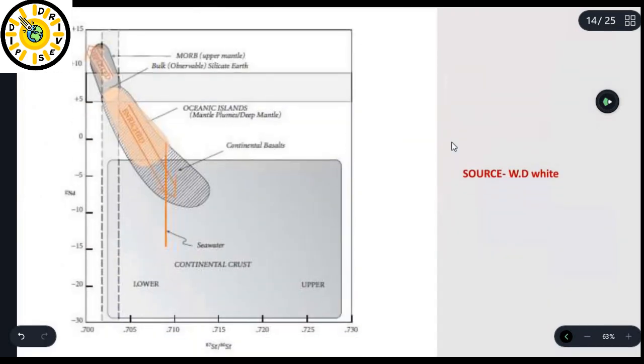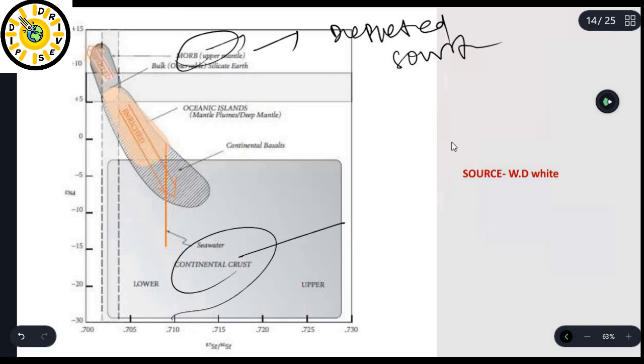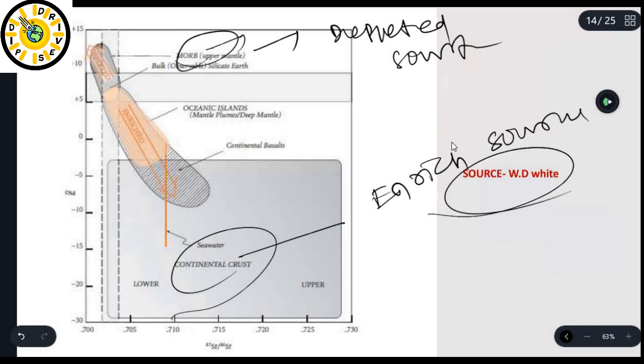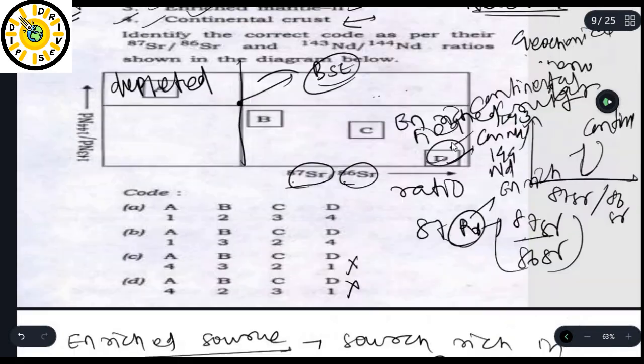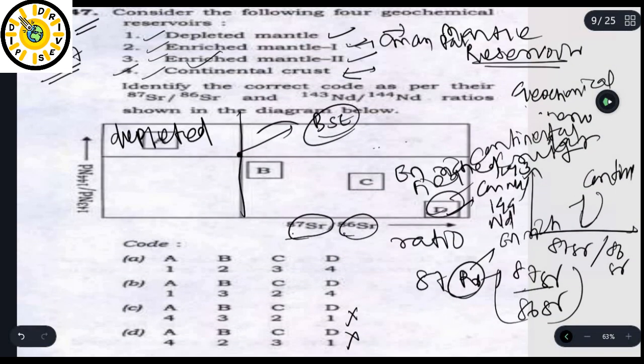See, this is the mid-oceanic ridge basalt, upper mantle, that is the depleted source. And the continental crust is higher, the more enriched source. The source has been taken from the book.